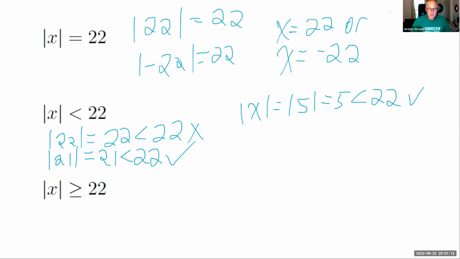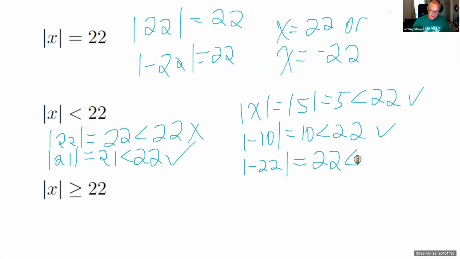We can keep getting smaller. x is negative 10. The absolute value of that is 10, and that's less than 22. So that works. Can we just keep getting smaller and smaller, more and more negative? I think we realize if we get all the way to negative 22, then the absolute value of negative 22 is 22, and that is not less than 22, right? So nope, that doesn't work.